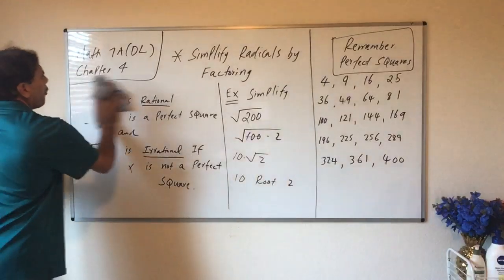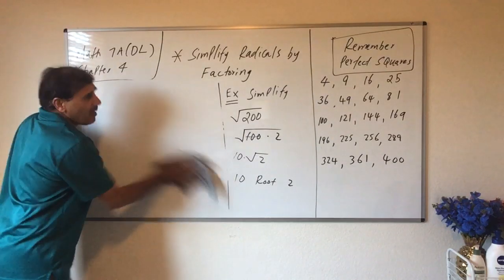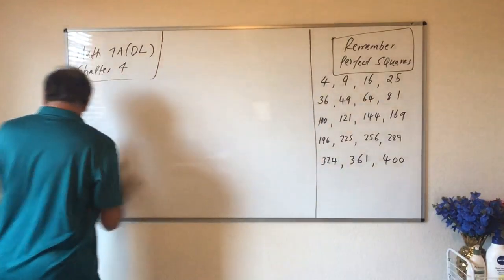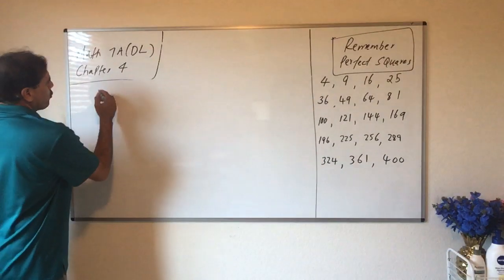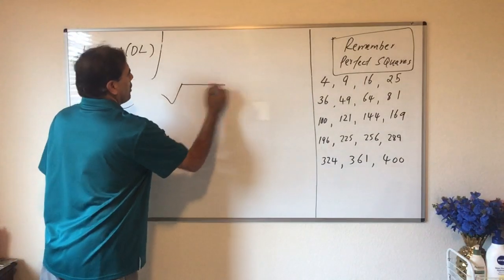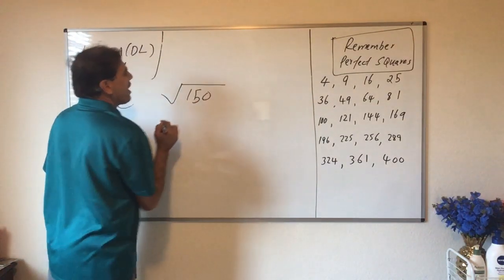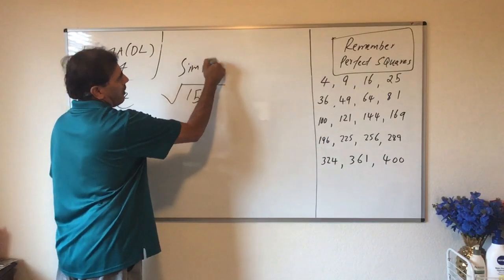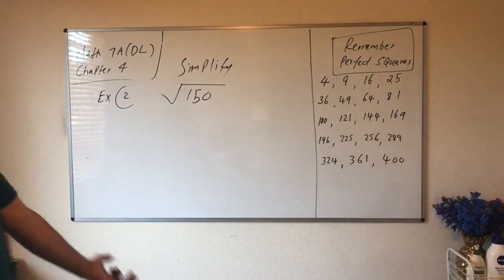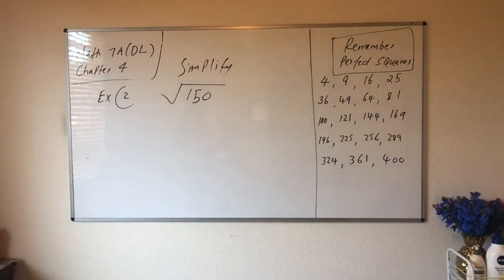Let me show you a couple more. Also remember 25 is a really good perfect square. Here is example 2. Somebody asks you to simplify the square root of 150. Now think about it. We can factor 150 so many different ways.